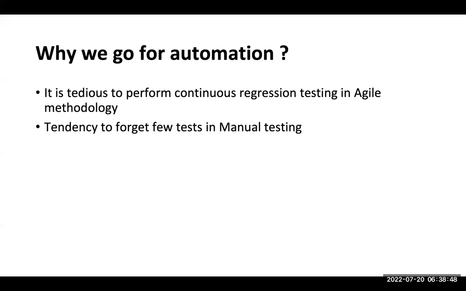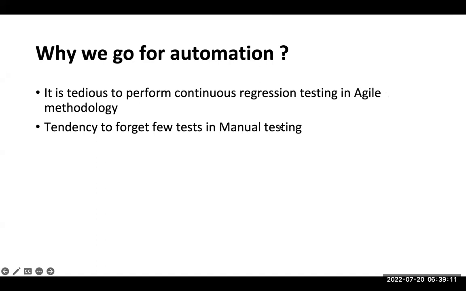So this is a continuous process. The client continuously gives the requirements, gives the updates to us. We need to develop that, and that has to be moved to testing, and finally that upgraded version has to be moved to the production. So this is a continuous process. So this type of developing a product, we call it as agile methodology.